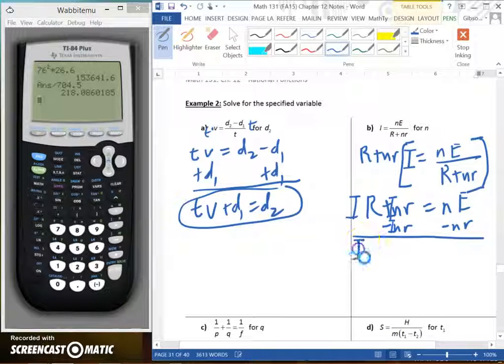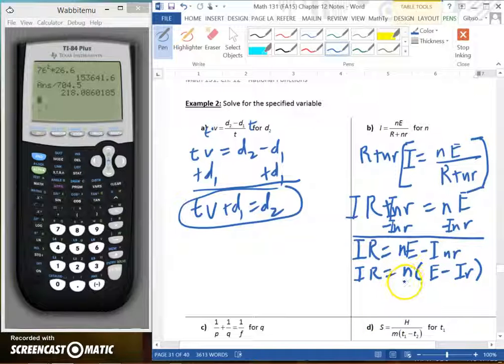So we have I times R is equal to NE minus I and R. Now remember, we're trying to get n by itself. So what we could do here, we could factor out an n. So we have IR is equal to, we could factor out an n, and that will leave us E minus I times lowercase r.